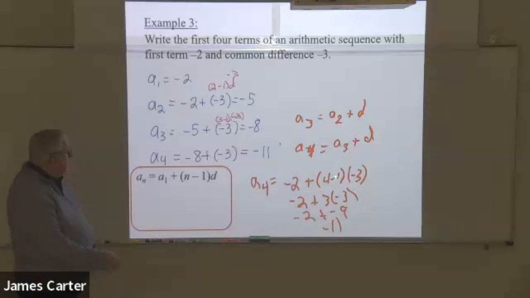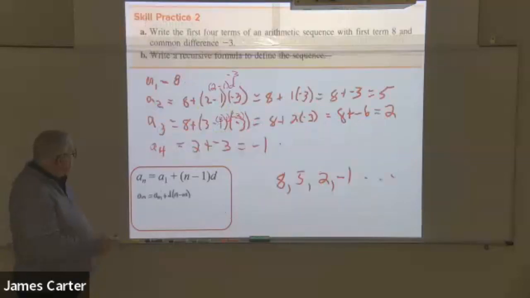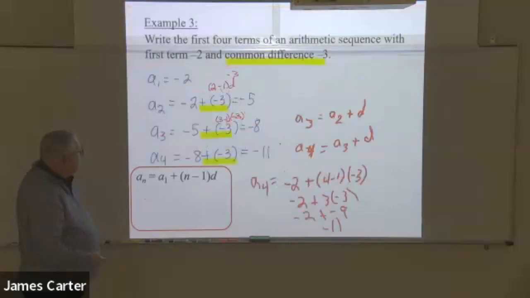N minus 1 here, first term. So in that case, your sequence then would have been -2, -5, -8, -11 for the first four terms.